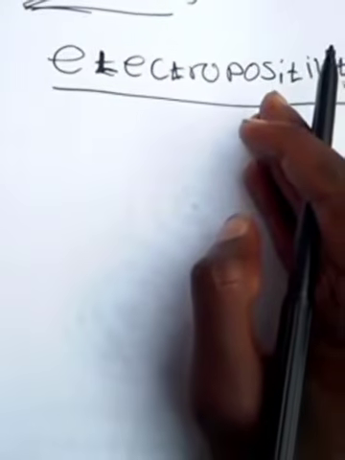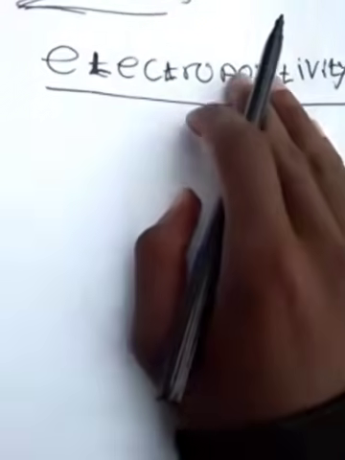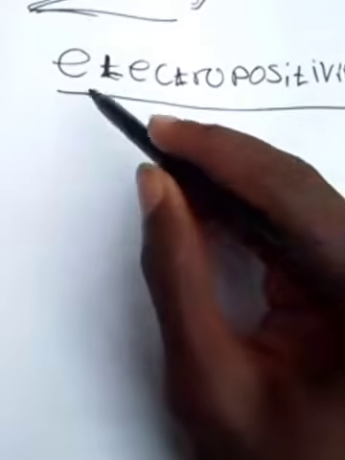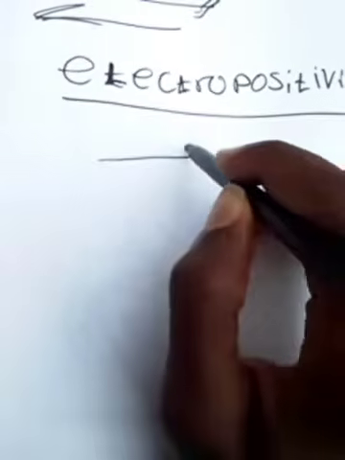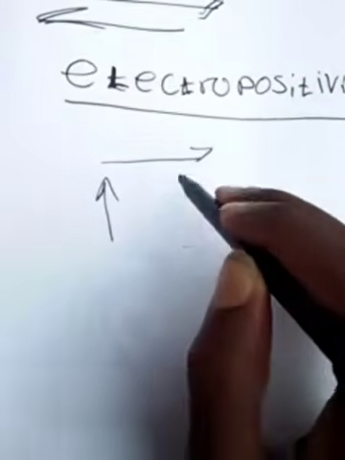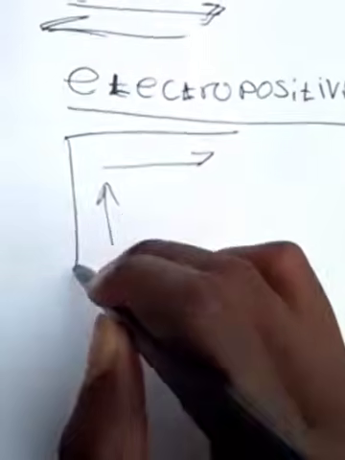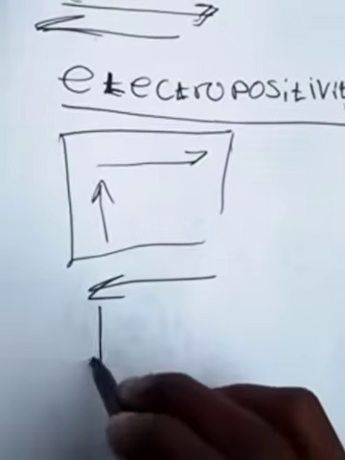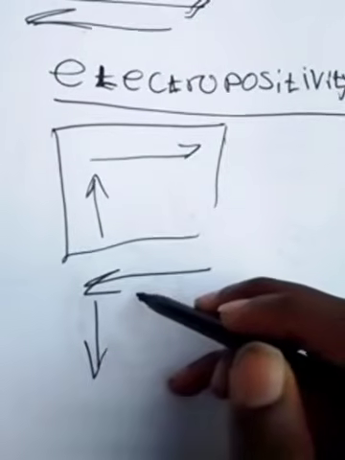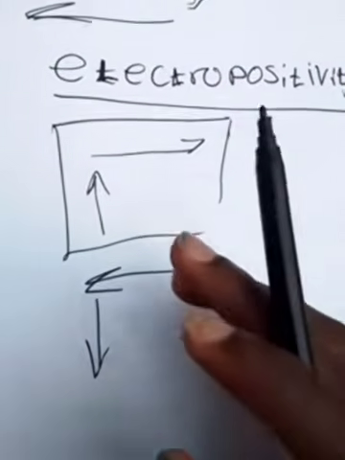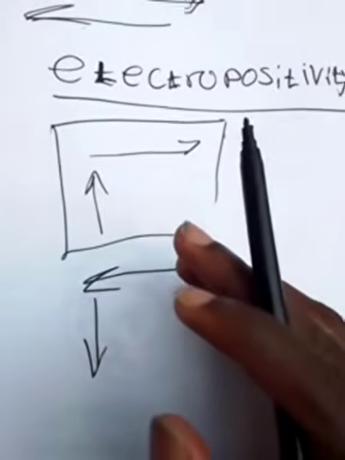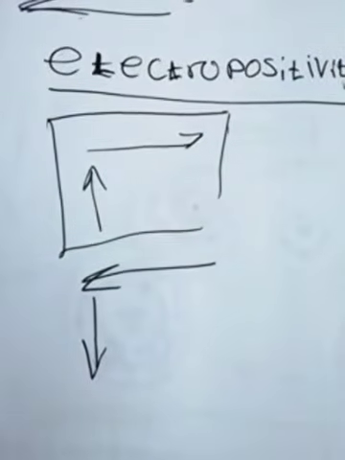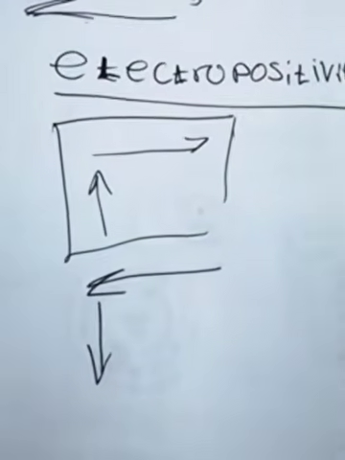I think by just saying this, I've explained this whole thing. So, unlike electronegativity, where the trend is like this, electropositivity is like this. Electropositivity is the ability of an element to lose electrons. The higher it is, the more it is able to lose.